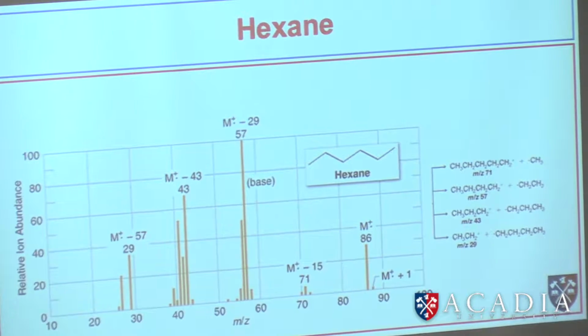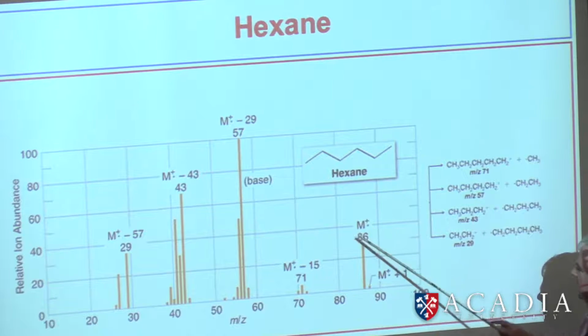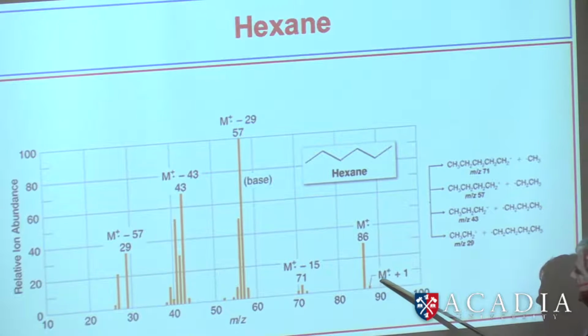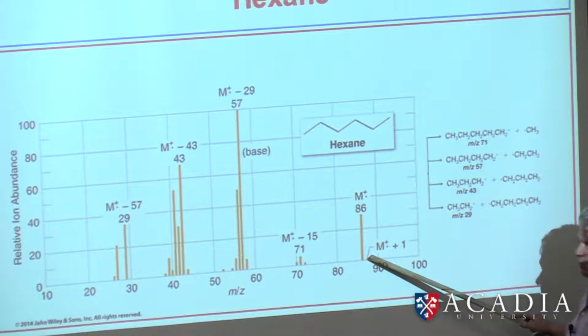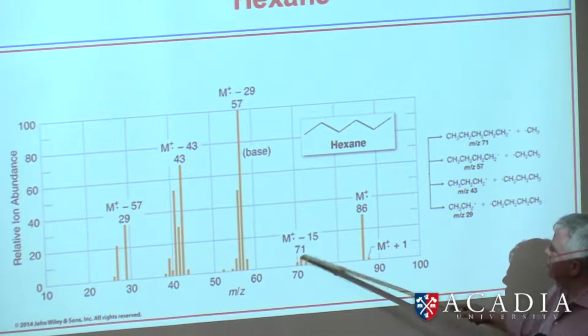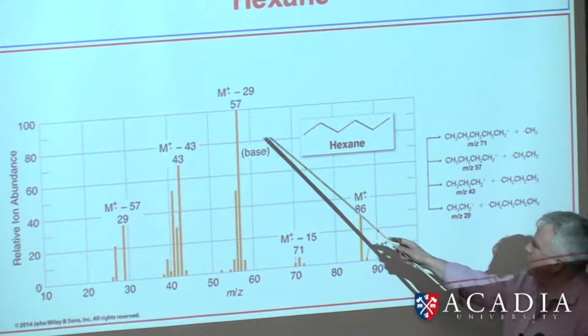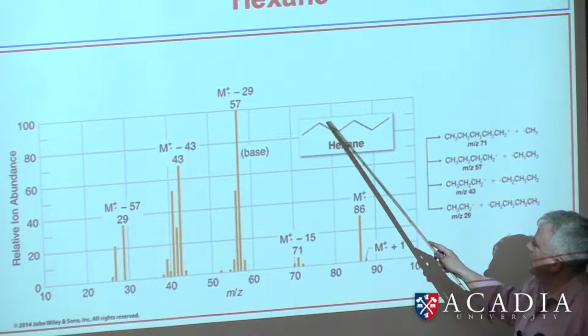Here's hexane. This is a real mass spectrum. There's the parent ion. Notice that we see a small peak at the M plus one. That's because of either C13 or deuterium that's present. We always see a little bit there. And then we can see a small peak where we've cleaved this bond, but the largest peak is where we cleave either this bond or this bond.